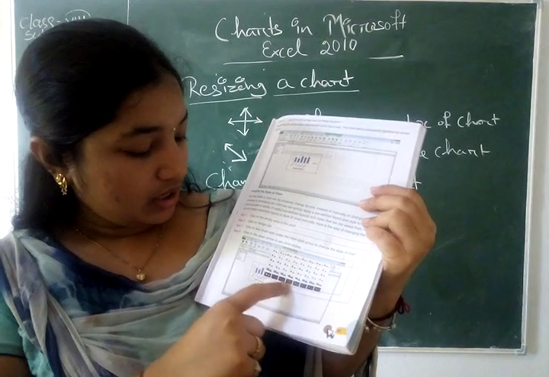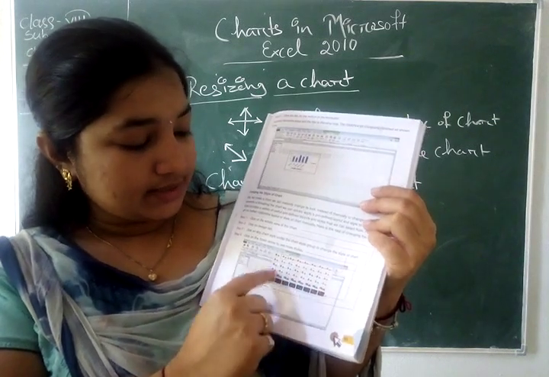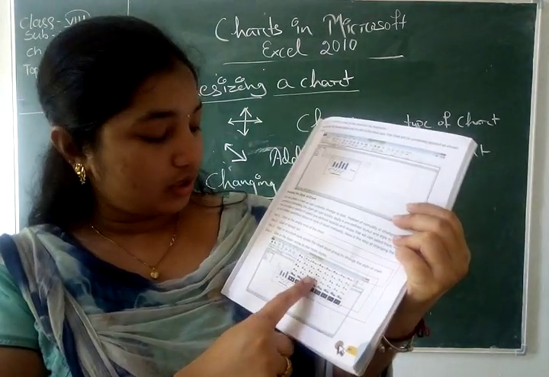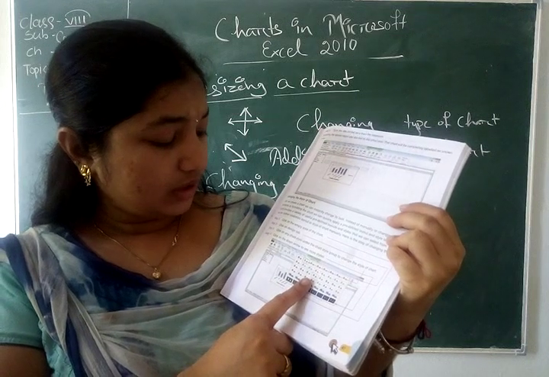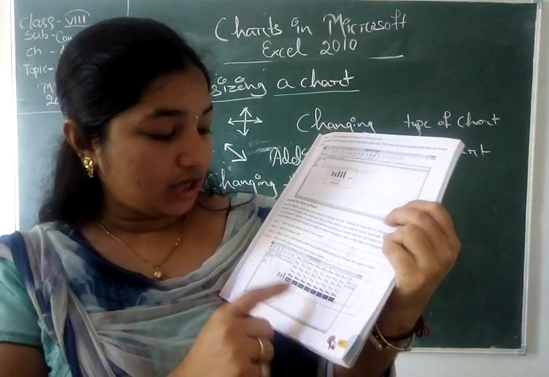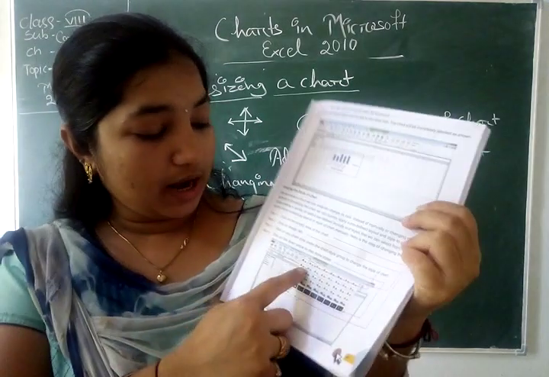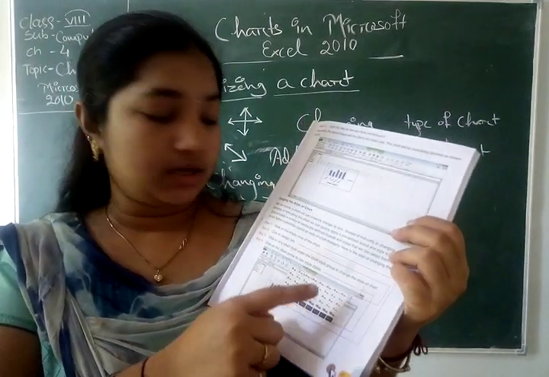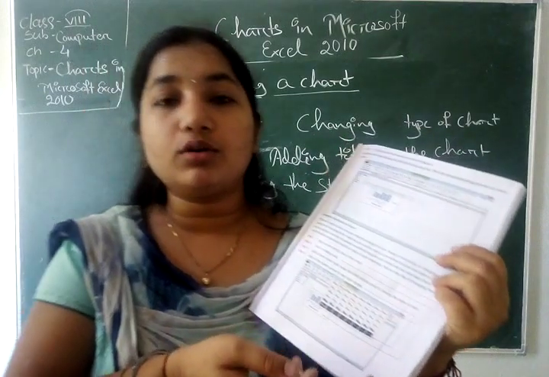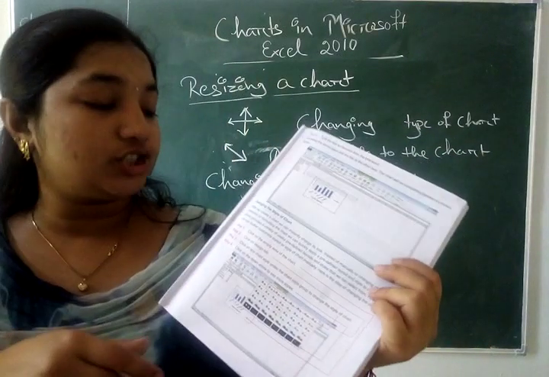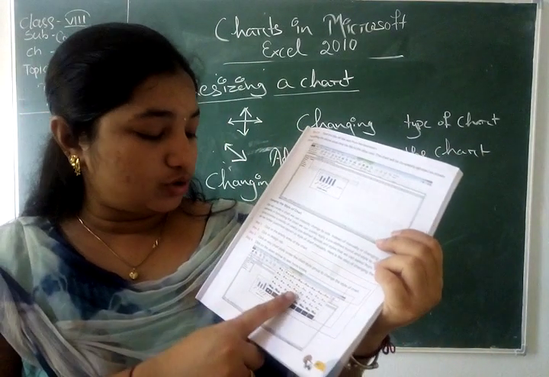Here you can see so many designs are there. So here click on chart style, under the chart style group, to change the style of the chart. Here we have to click on any style that we want to give, and we want to change that style. Here we have to choose that.